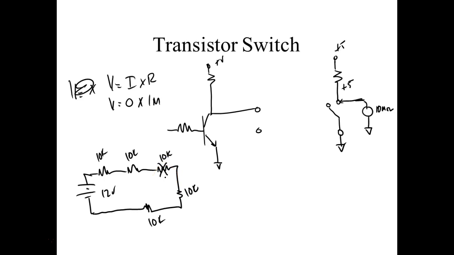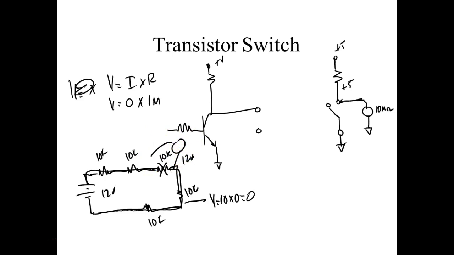Well, if it opens, what did we lose? We lost I. As soon as I lose I, the drop across this guy is going to equal 10K times 0. That guy's going to drop 0 volts. So that's effectively taking this guy and putting it right there. So if I measure across the open, it's going to measure 12 volts.